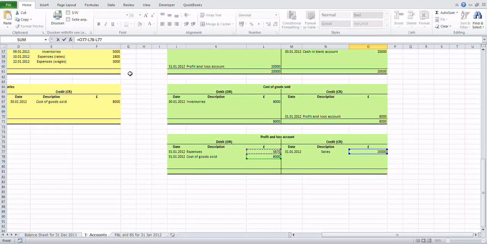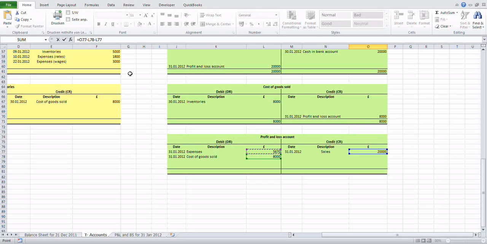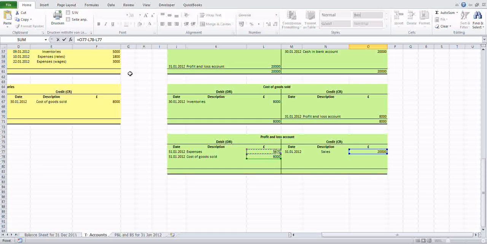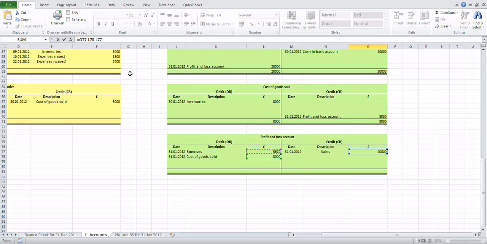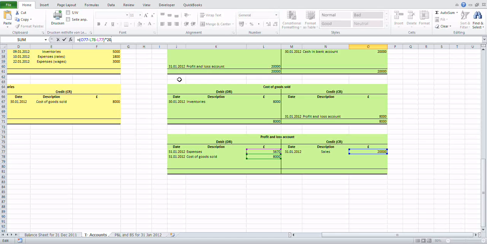Don't hit enter yet, because then you would basically put the whole net profit into the accounts payable. That would make no sense. Before we do that, we need to multiply it by 20%. Therefore, make sure to select the brackets, put this in brackets, and then multiply it by 20%.